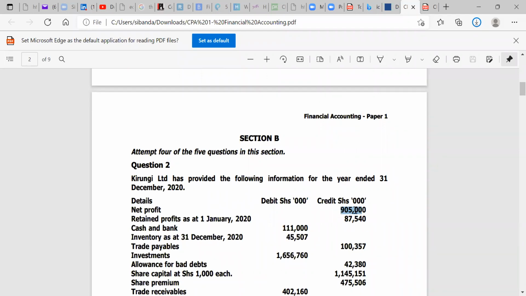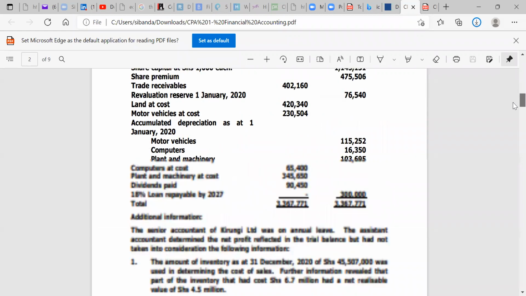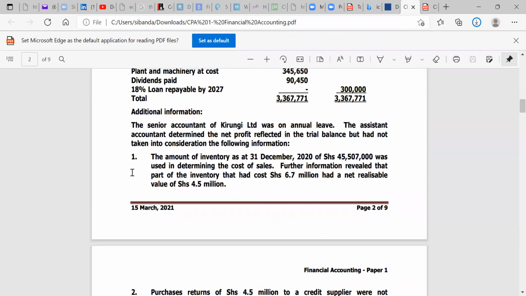So they got this profit, but then they are telling you that, but had not taken into consideration the following items. So these are the items that were not taken into consideration.